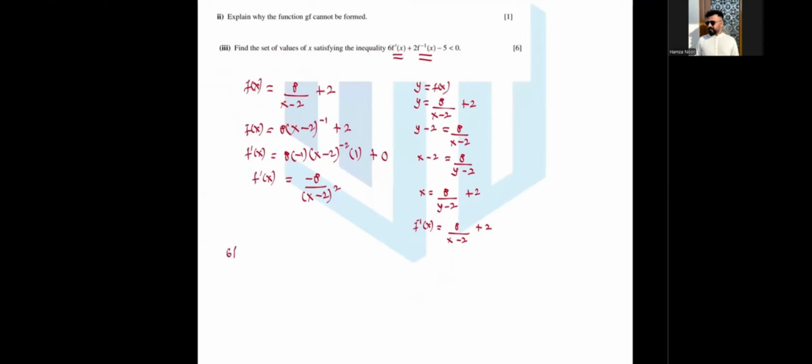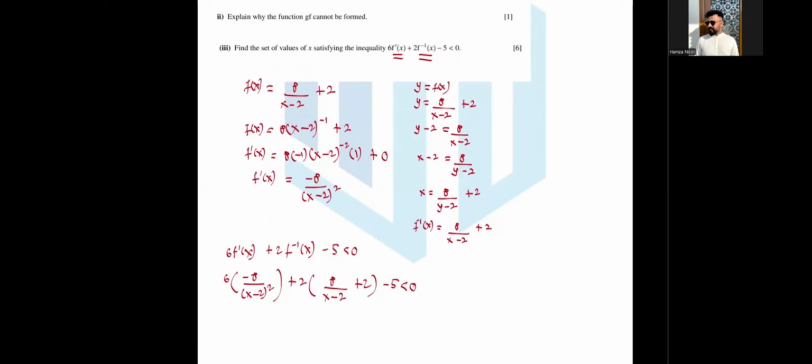So 6 times f dash x plus 2 times f inverse x minus 5 is below 0. So I'm going to say that 6 times minus 8 over (x minus 2) whole squared plus 2 times 8 over x minus 2 plus 2 and then minus 5, and this whole thing is less than 0.